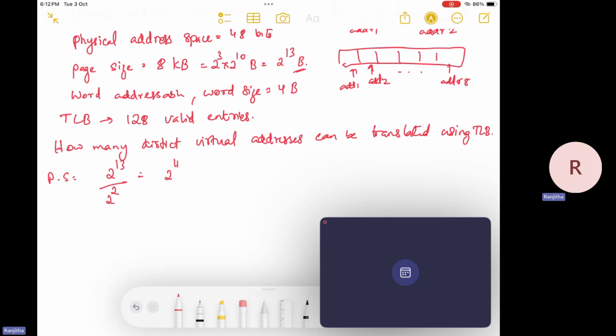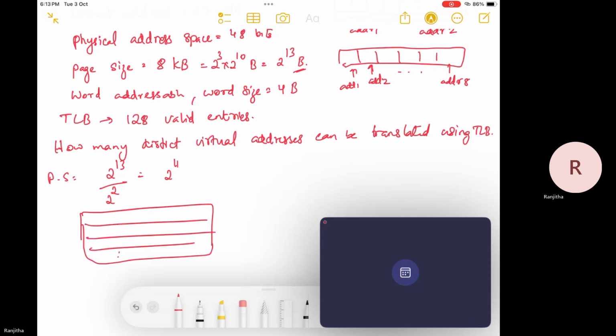Now, in TLB, what we store is page information. Each entry will have the page number and the frame number.